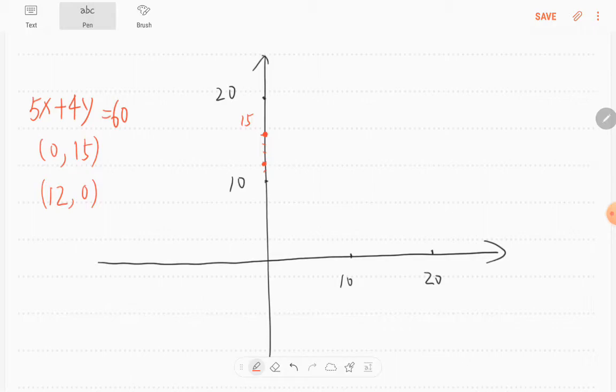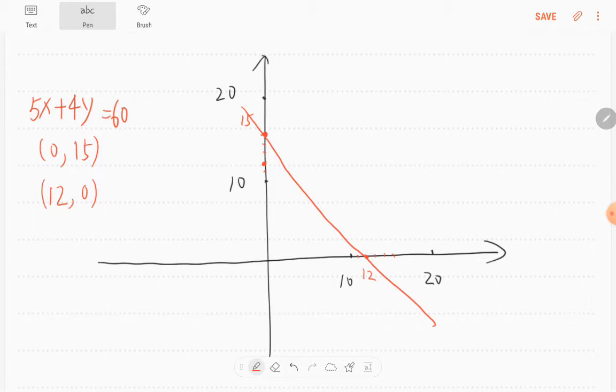Okay, this is 1 point. The other point is 12. So this is 15. 1, 2, 3, 4. Okay, so this is 12. This is another point. Let's connect these 2 points. Okay, so this is the line.